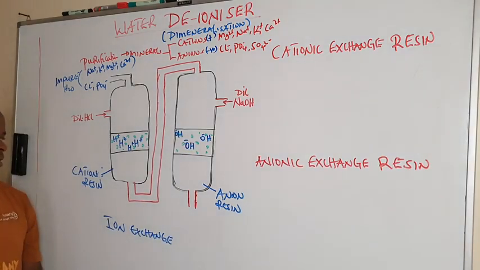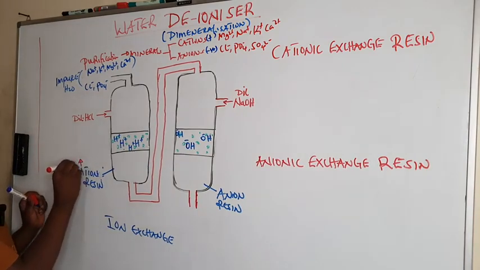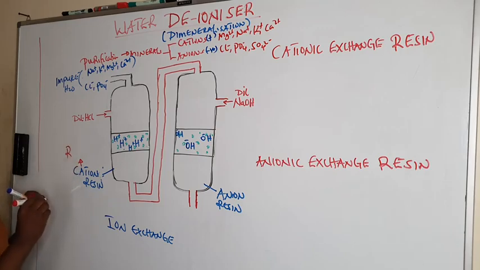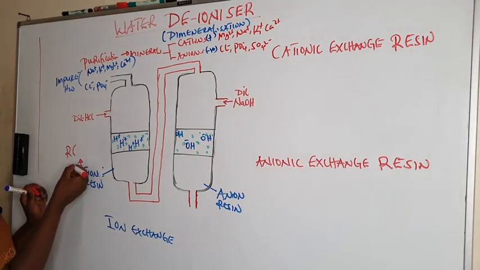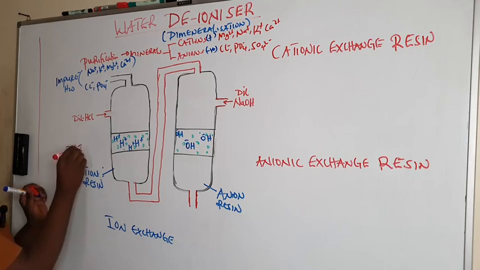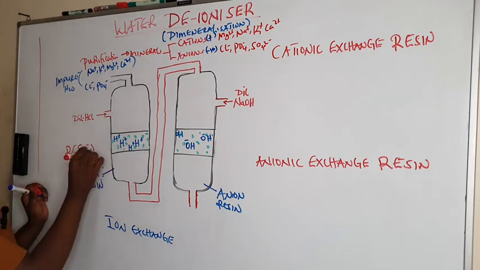So this resin is made up of a long polymer chain together with an acidic component, and here the acidic component we can use is like the sulfate anion, together with the hydrogen ion.